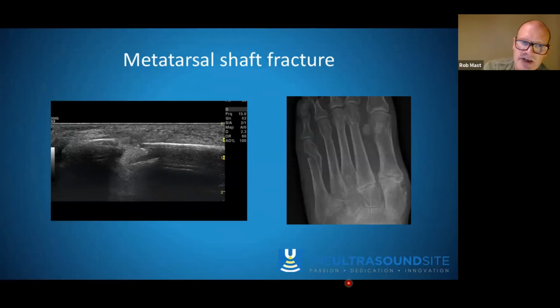So you look at the step off, and you also look to see if there's any forward projection of bone relative to the remainder of the bone, and that quite often is a key element.